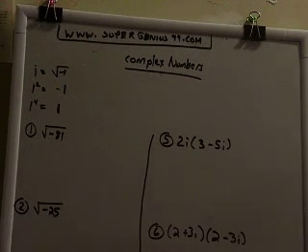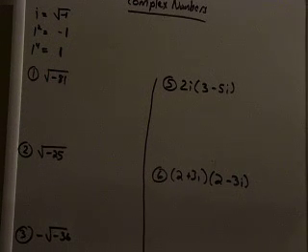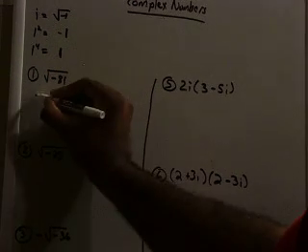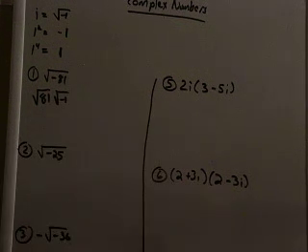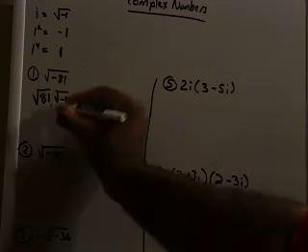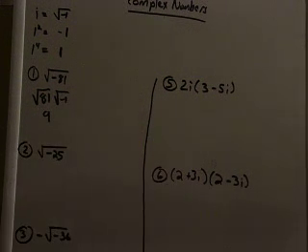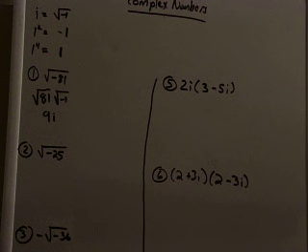Okay. So using that principle, in number 1, I can break up the square root of 81 into the square root of 81 times the square root of negative 1, which is basically 9 times the square root of negative 1, or 9 times i. Because the square root of negative 1 is i. Okay, that's that answer.